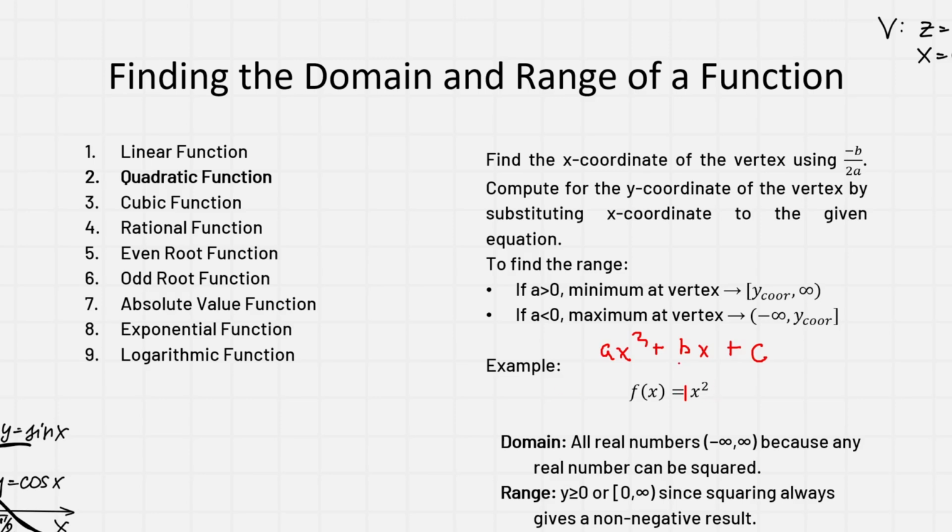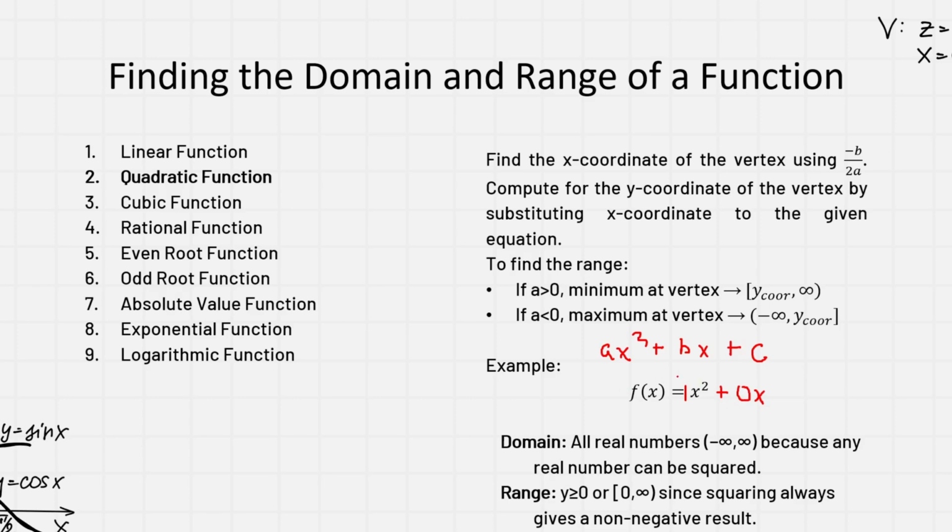So how about the b? As you can see, there's no middle term, but we can write it as 0 x, meaning that our b value is 0. So if you simplify 0 times x, that is basically 0.